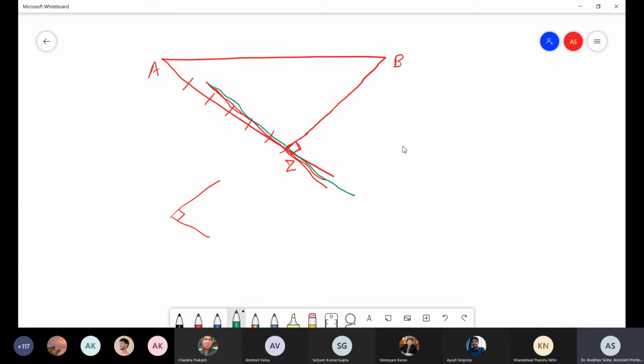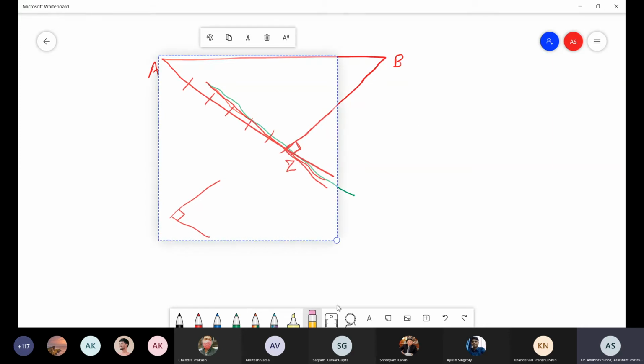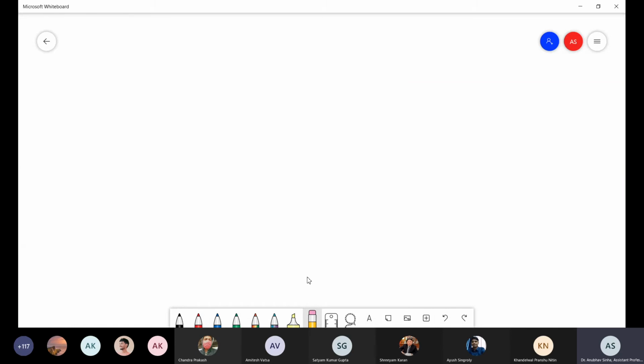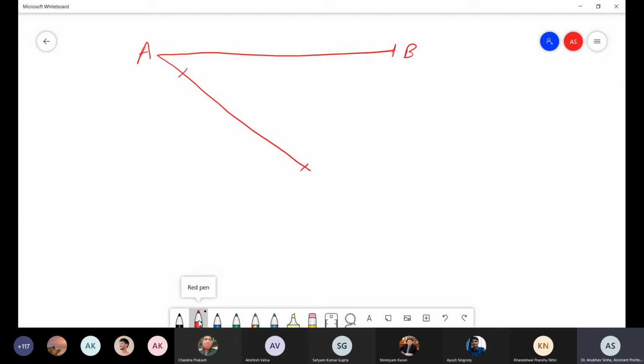But let us say, this is B, this is A, and we want to divide it into some n number of parts, I don't care.